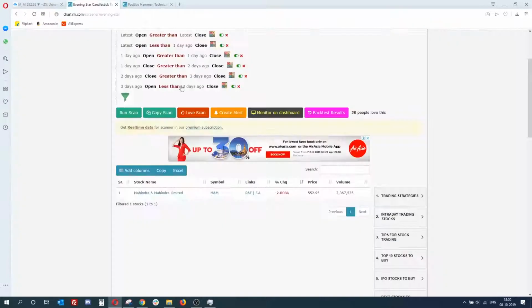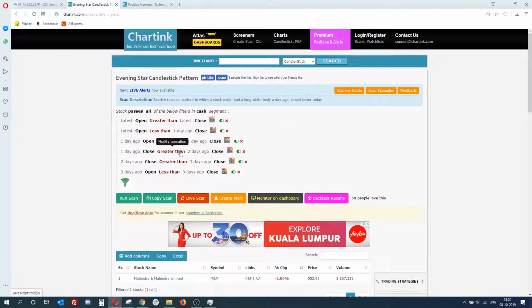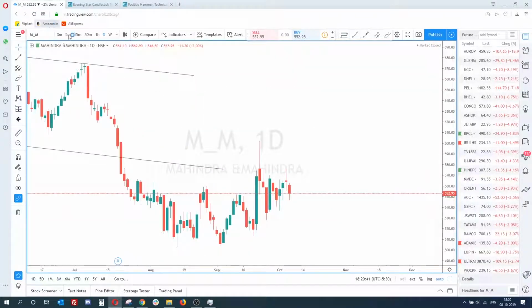The screener is telling me that the evening star candle pattern has formed in the chart of Mahindra and Mahindra.